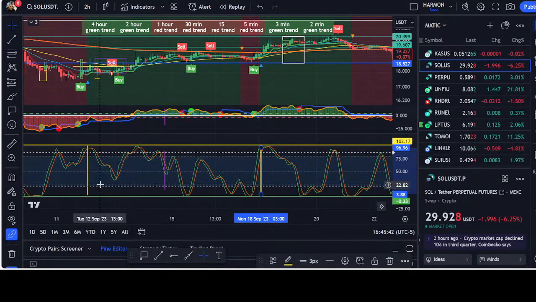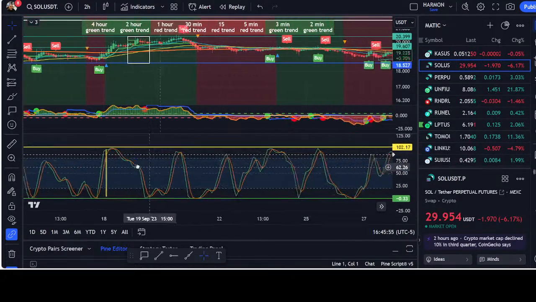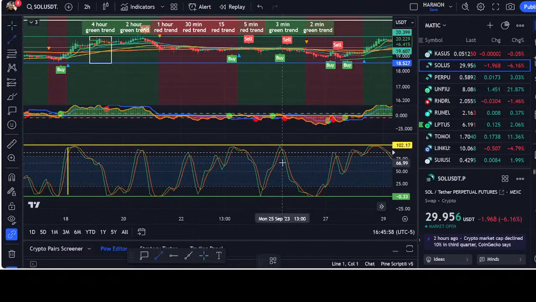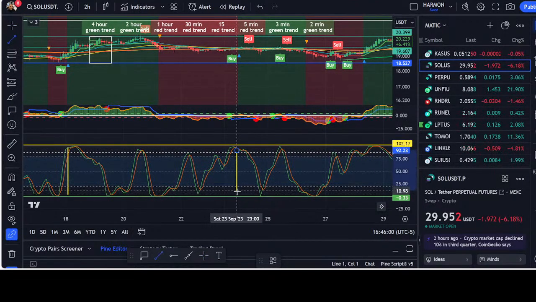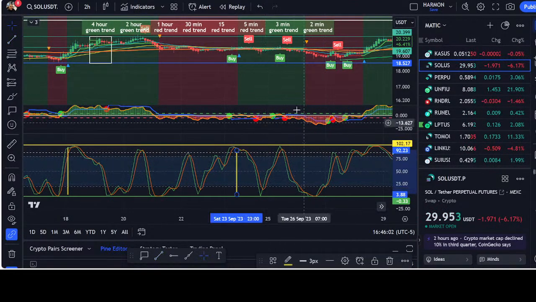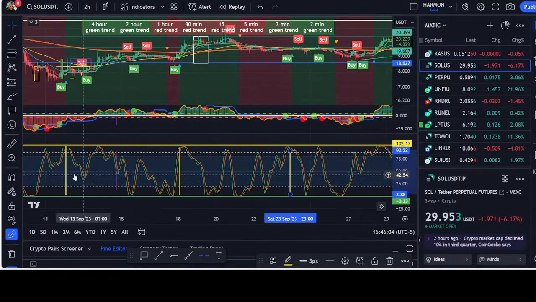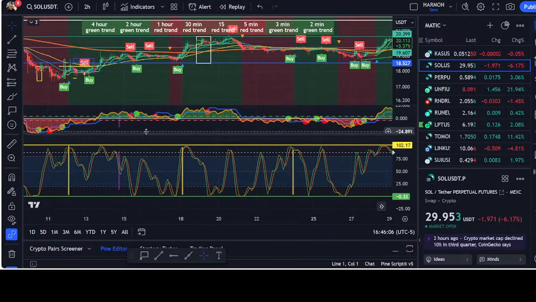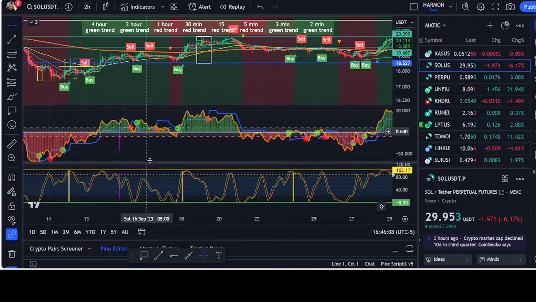But the setup here is to trade within the trend, right? We're always trading with the trend. So now we know our 2 hour trends kick in here. And so when we look at this overall, we can start deciphering what we want to use, right?